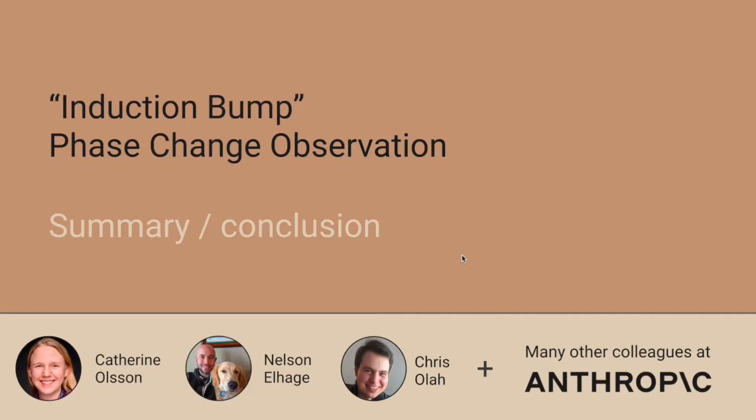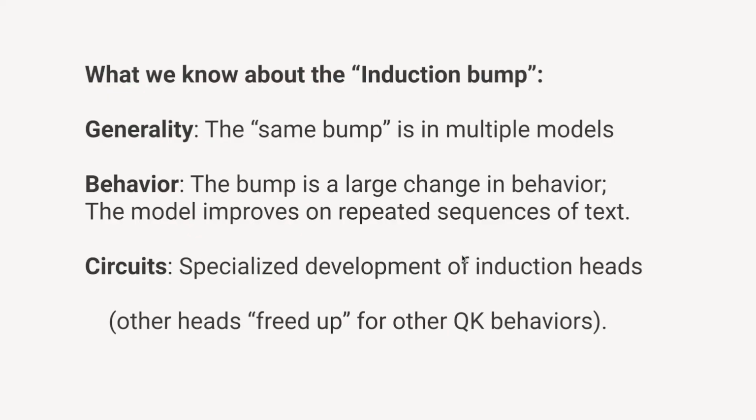So just to summarize what we've seen so far, let me review what these topic areas were that we wanted to check out. On the question of generality, we were able to see that the same bump turns up in multiple models.